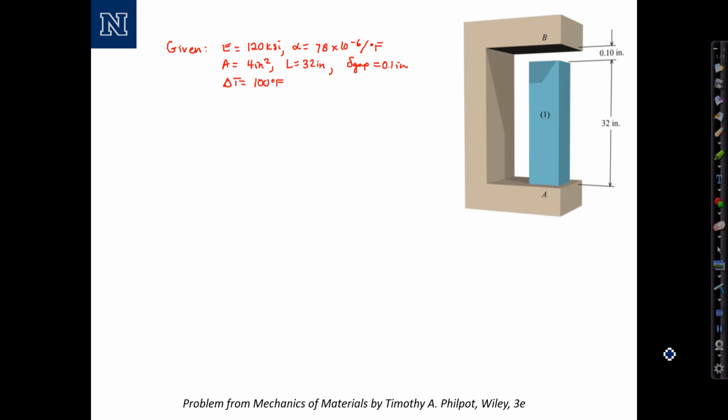Now we were asked to find the stress and the strain. Let's go ahead and open a new page here. Stress is simply F over A, negative 2.24 kips, divided by the cross-sectional area of 4 inches squared, equals negative 0.56 KSI. Now this might trigger a little question on our part.